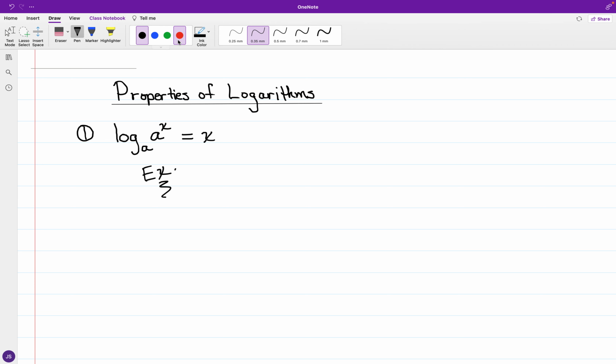As a first case, say we have, just like in your calculator, log of 100. If you see just log with no explicit base, remember that log refers to a base 10 logarithm.